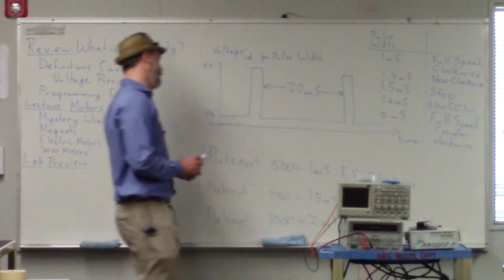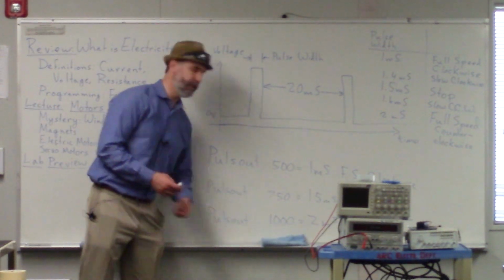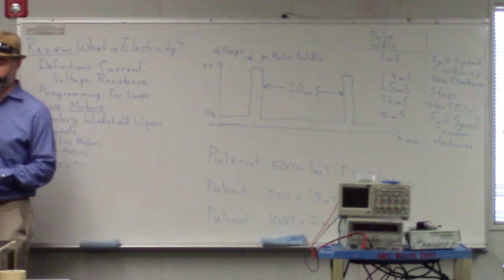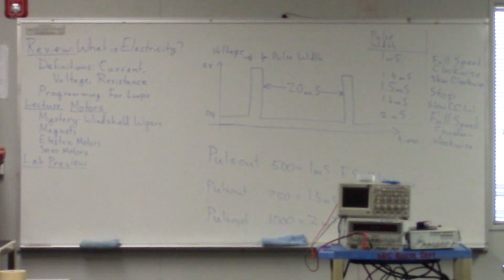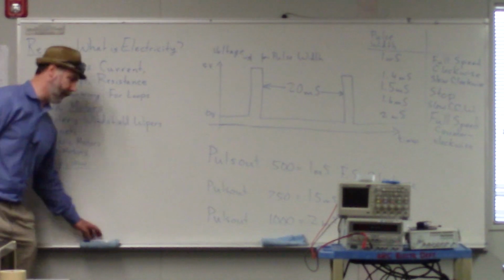Okay, and then we can use other numbers between these values that can make the motor turn more slowly in one direction or the other. Okay? So that's how we can send messages to our servo motor using our basic stamp.